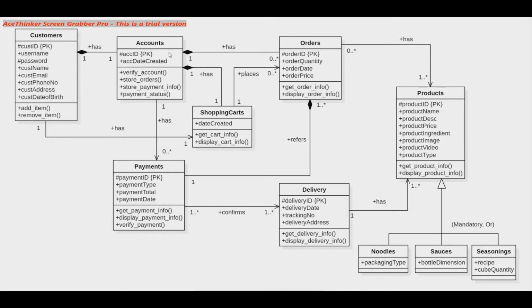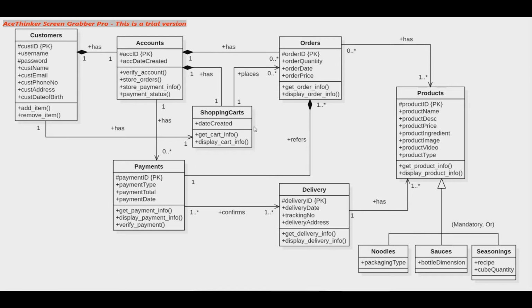The methods and operations involved in the account entity are, firstly, it can verify account, and then store orders, store payment info, and check the payment status. Once the user has an account, the user is able to do shopping on the shopping cart.